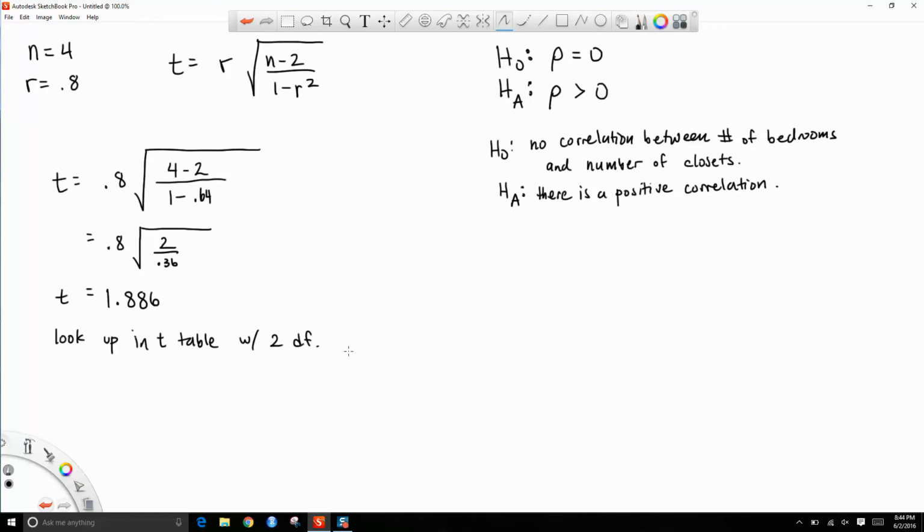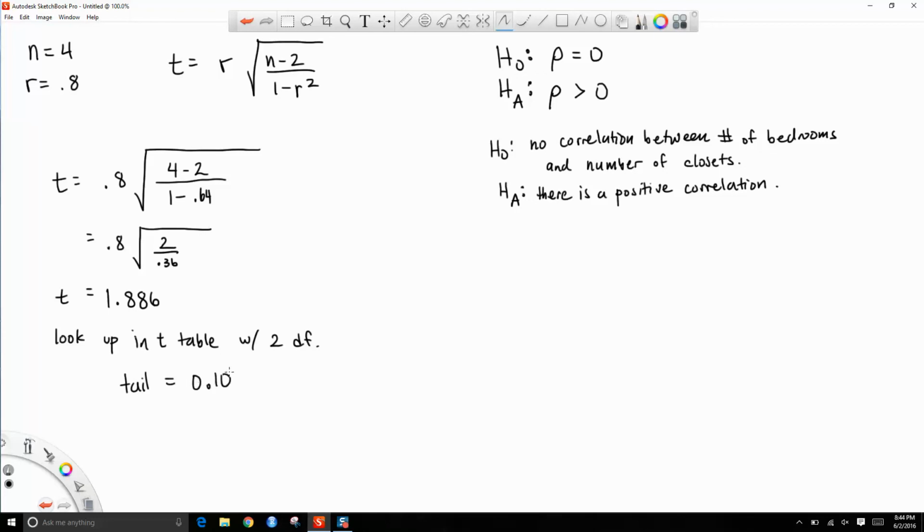Oh, and what do you know? This is one of those rare times where our test statistic is exactly the value in the t-table. Okay, so here we have our tail area exactly equal to 10%.